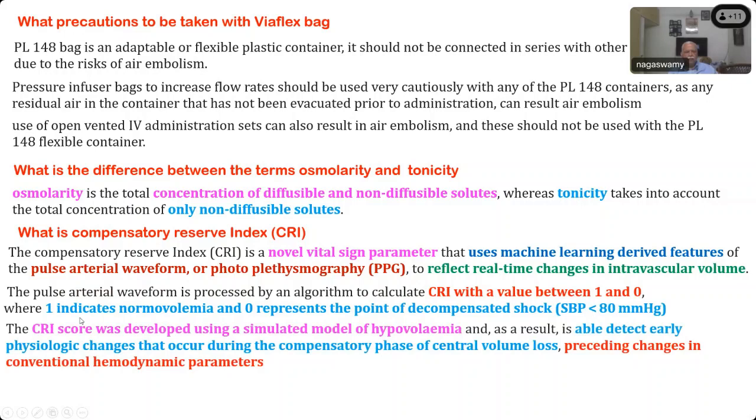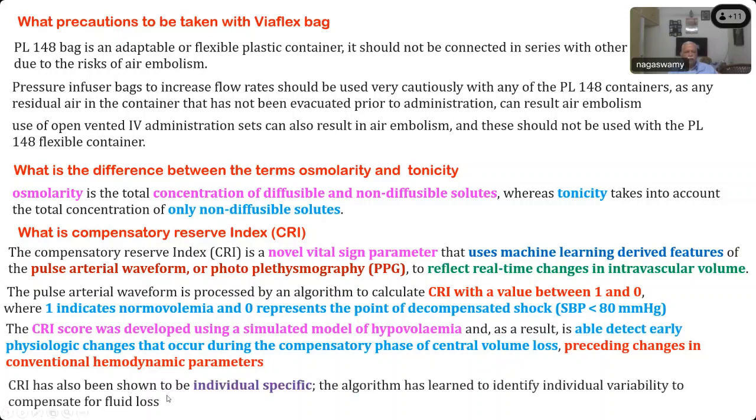And this compensatory reserve index score was developed using a simulated model of hypovolemia, and as a result is able to detect early physiological changes that occur during the compensatory phase of central volume loss, preceding changes in the conventional hemodynamic parameters like heart rate, BP, mean pressure, everything.